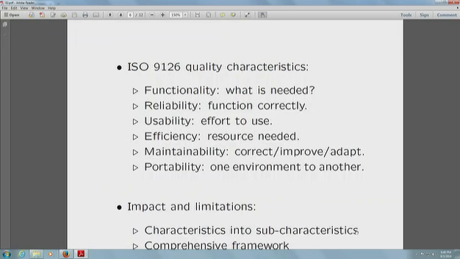So usability, efficiency, looking at the resources that you're using. Are you using your resources efficiently or not? For example, when I was back in IBM, when I was doing some of the reliability analysis and modeling for IBM, we got a tool from NSWC, Naval Surface Warfare Center in Dahlgren, Virginia.